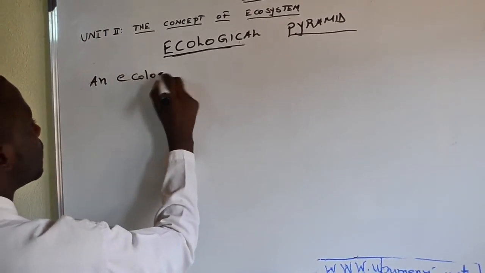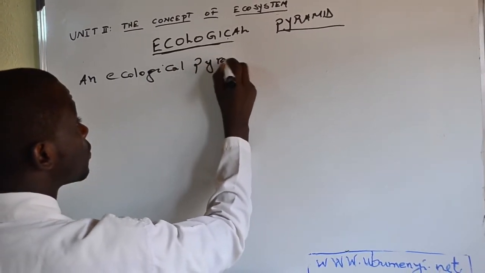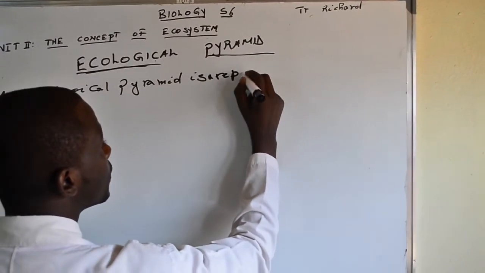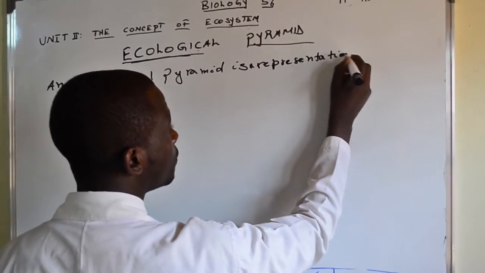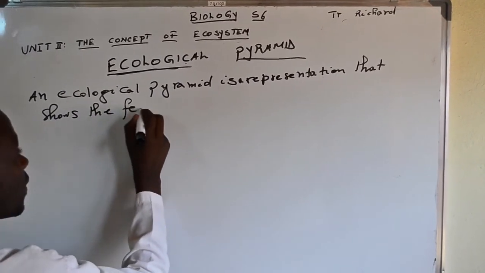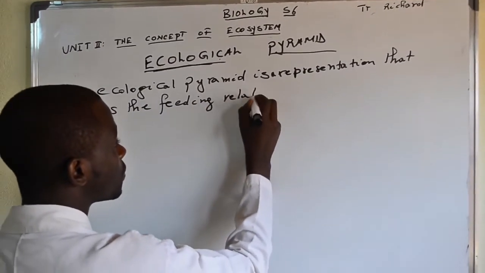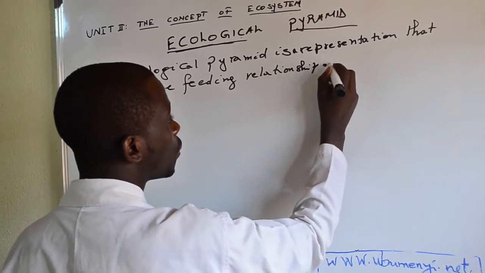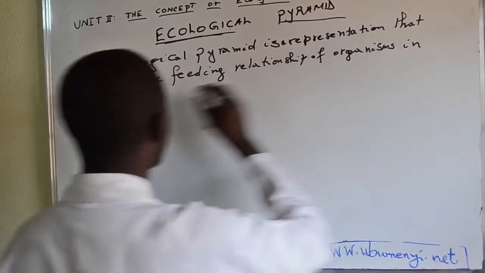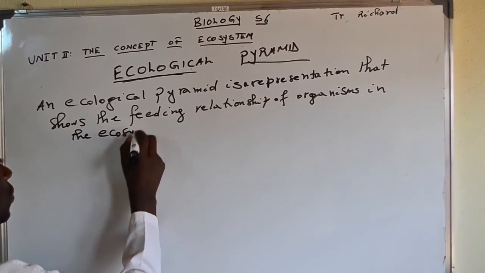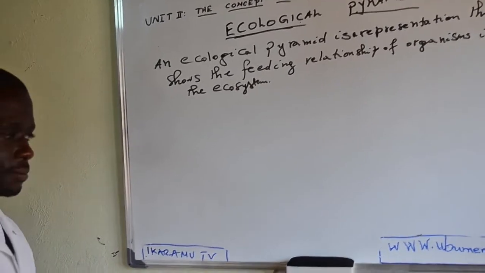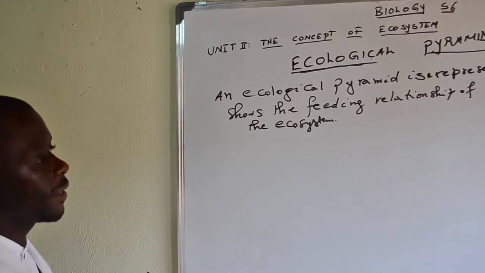An ecological pyramid is a representation that shows the feeding relationship of organisms in the ecosystem, or it shows the bioproductivity of feeding levels.